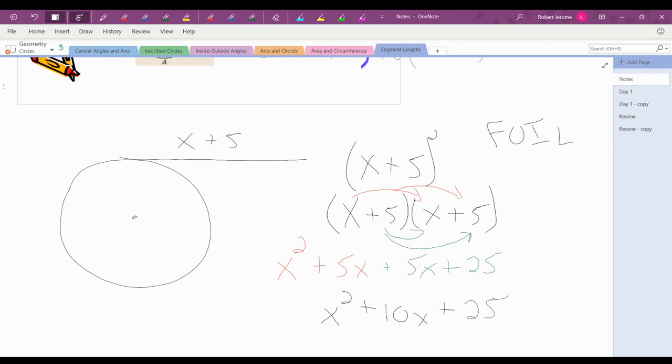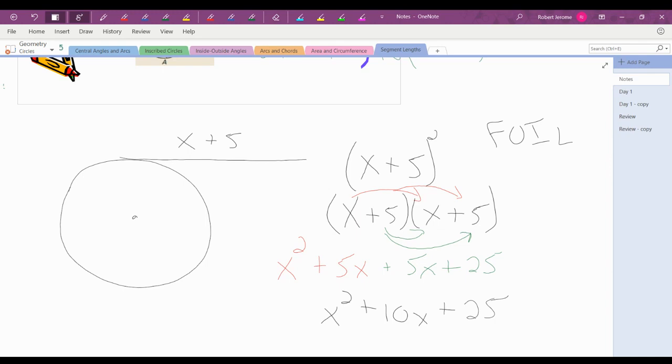So again, I used a tangent as an example, but this could have been two chords, or a chord, the two parts of it, x plus 5 times x plus 3. Or it could have been the secant, where the outside is x and the inside is x plus 5. Or the outside is x plus 2 and the inside is x plus 5.